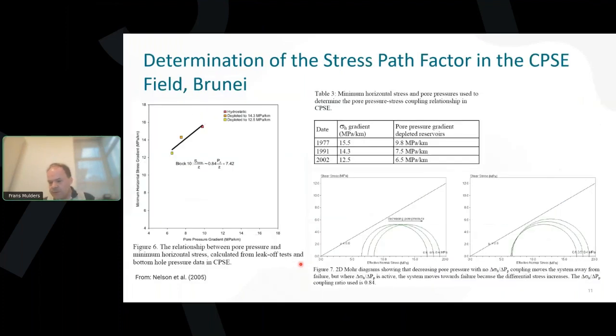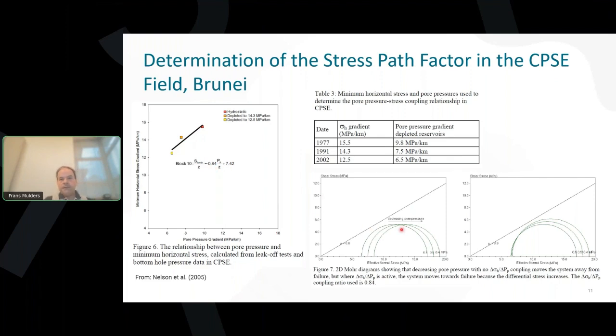Now, closer to our home in Malaysia here, this is in Brunei, we can actually see how the stress path factor can be measured in the field, right? Here there are different leak-off tests done, 3 different leak-off tests in 3 different years. They give an indication of the minimum horizontal stress. And of course, we know the pore pressure at the time the leak-off test was performed. So you get these data and can then calculate a stress path factor from those data, 0.84.